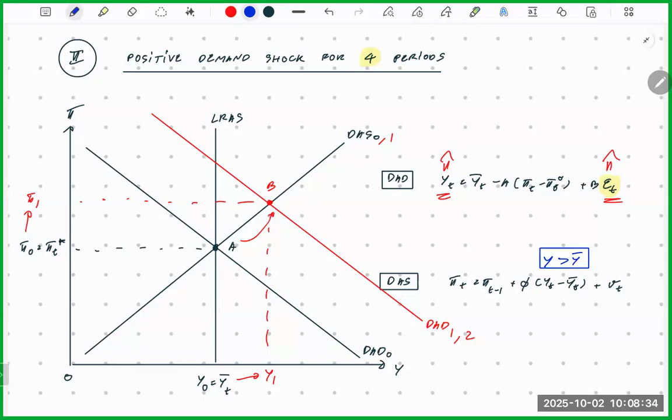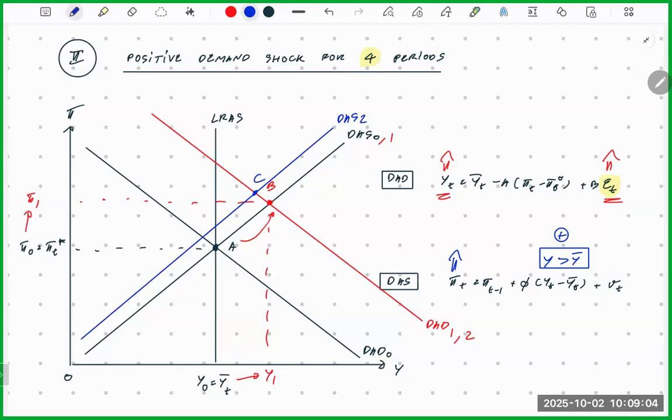People spend a lot, overspending. In the DAS equation, this bracket becomes positive. The right-hand side increasing, the left-hand side is going to increase, right? When the economy is very good, everything becomes more expensive. So DAS at day 2 starts to shift up. This is DAS2. Equilibrium point here, point C.